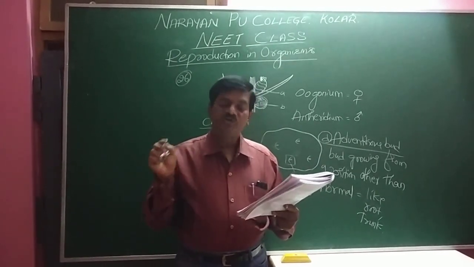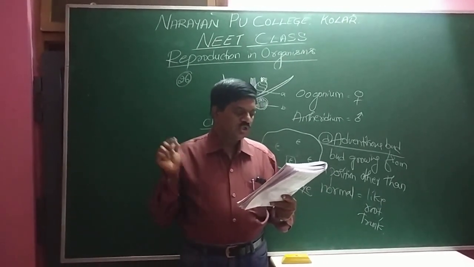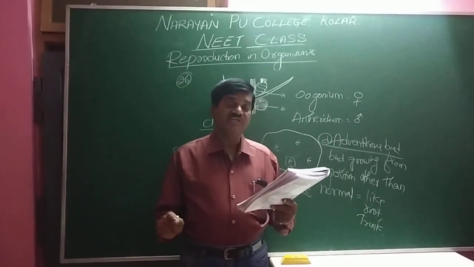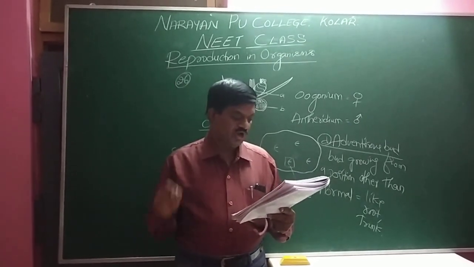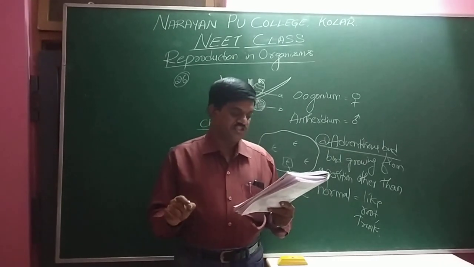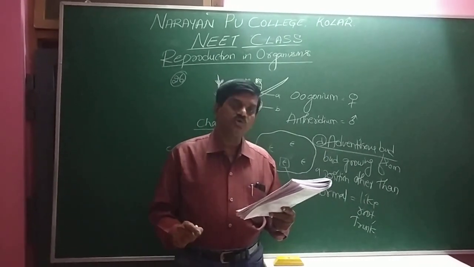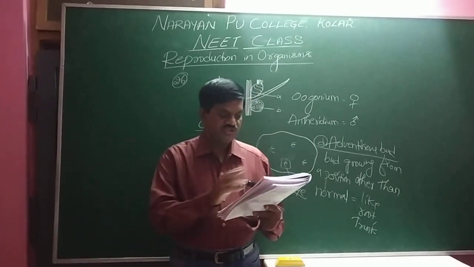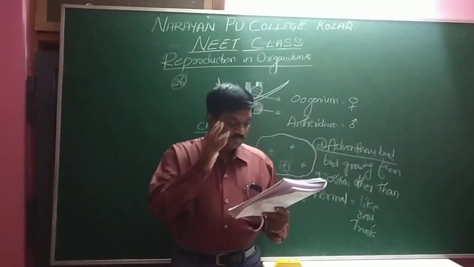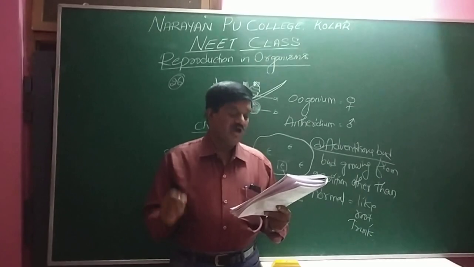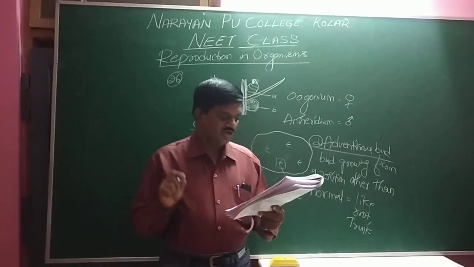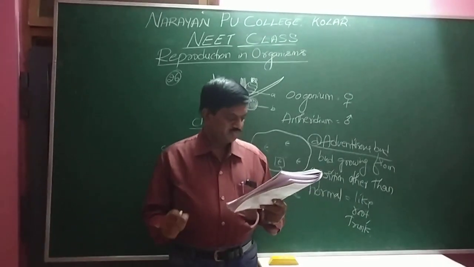Coconut is monoecious. Sponge is bisexual. Cockroach is unisexual. So the option which correctly matches is the third one. So the third option is right.